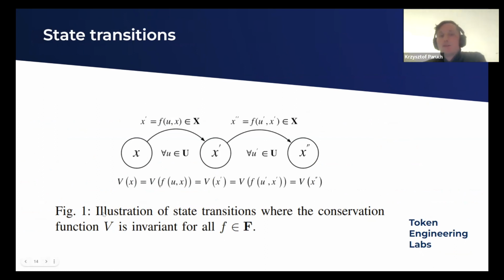And what we have described here below is one particular very important argument that we are imposing onto those state transitions. What we are saying at this point is that there is a value function that we restrict to have a constant value across all of the state transitions, which means that there is something that we keep invariant. There is something that doesn't change.